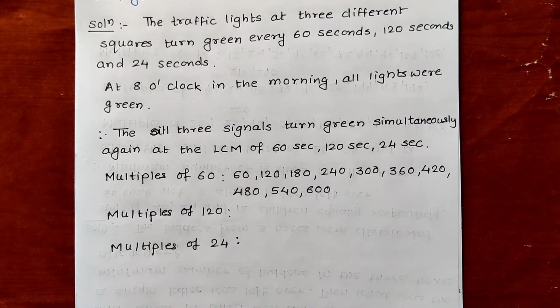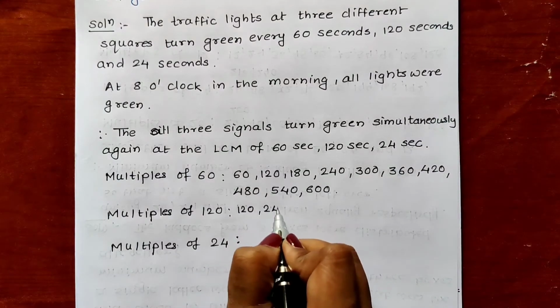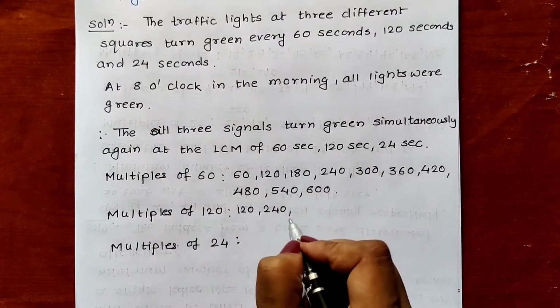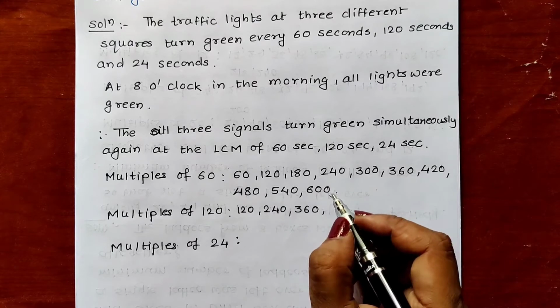Then for 120, I write the table of 12 and put the 0 after that. 12 ones are 12, 0, 12 twos are 24, 0, like that. Okay, 12 threes are 36, then 0. In this way I can write the table of 120 also.